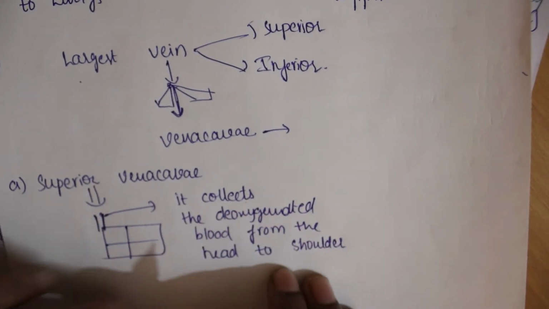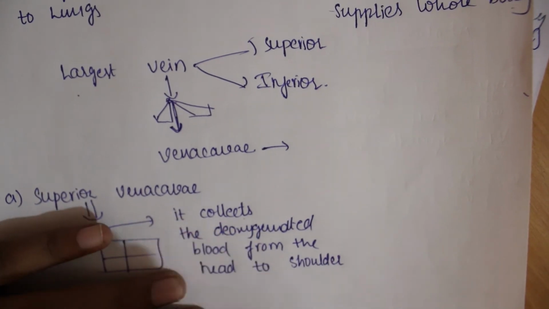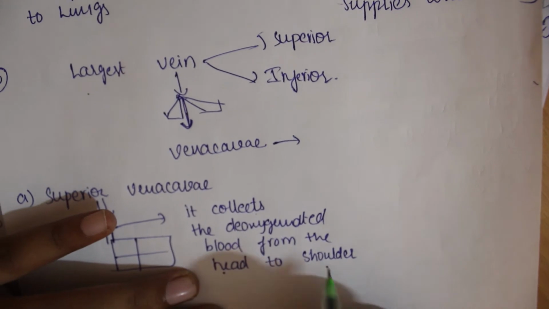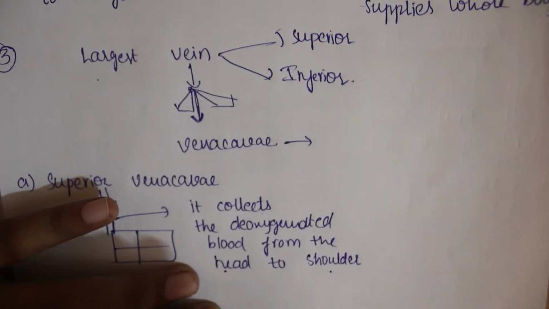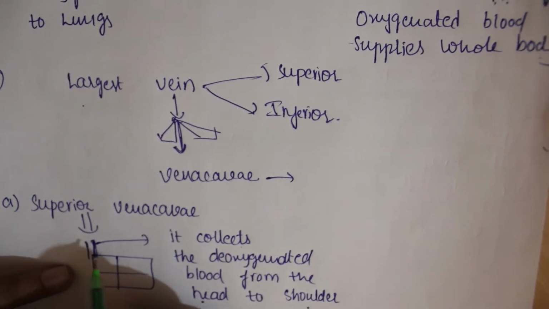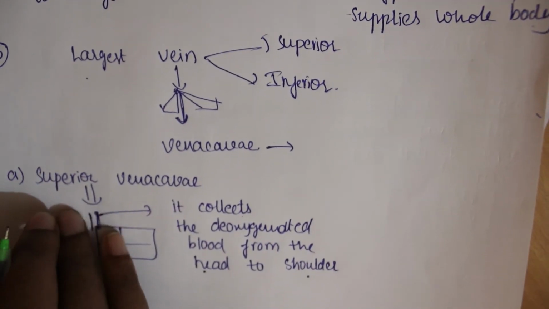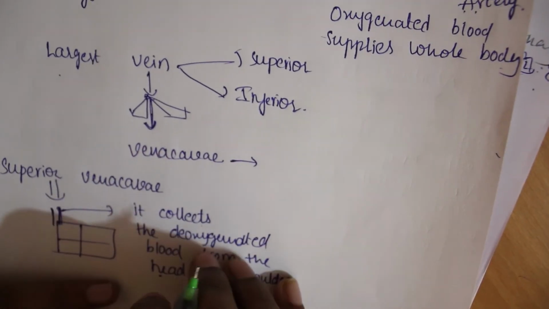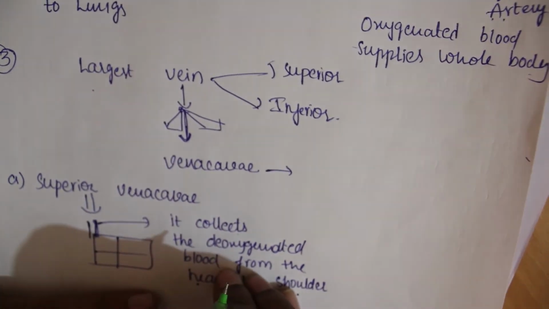That means the whole deoxygenated blood present from the head to the shoulder is collected by the superior vena cava, as it is present on the upper side of the right auricle. This is the main function of the superior vena cava.